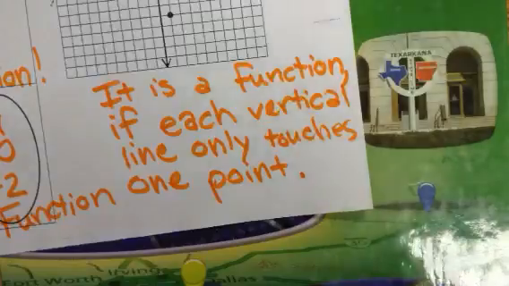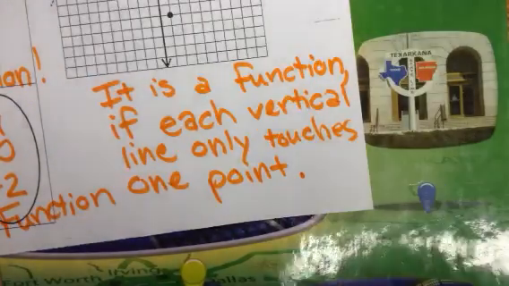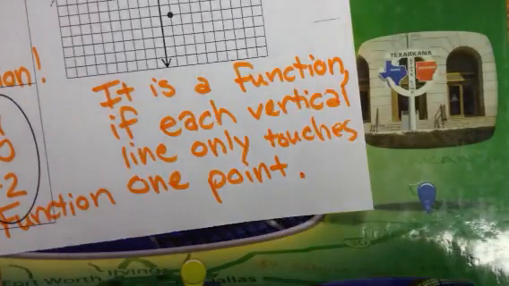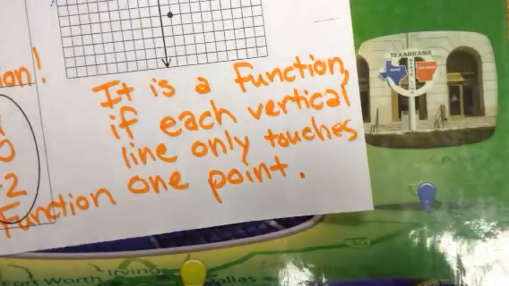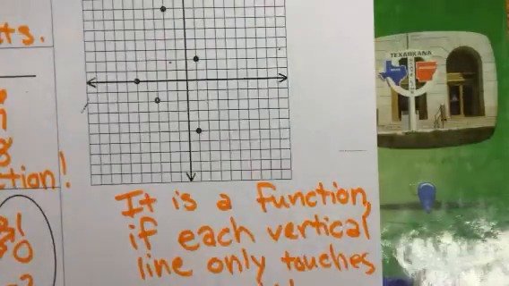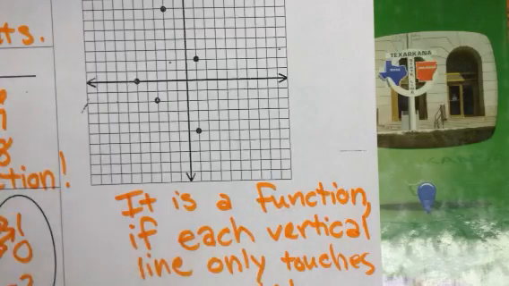It is a function if each vertical line only touches one point, because whenever we draw a vertical line, we're only going to be touching the x-axis at that one number.